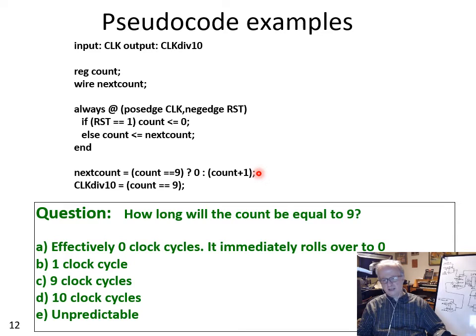So when the next state logic is as simple as this, a one-liner with the conditional expression works. So in actual Verilog, this could be a continuous assignment statement instead of an always block. And then the output logic is also very simple. Clock div 10, it's 1 when count equals 9, 0 otherwise. So it's just a true-false condition there.